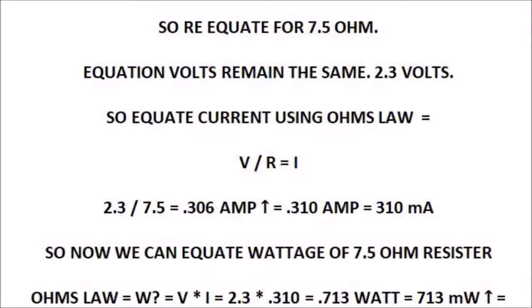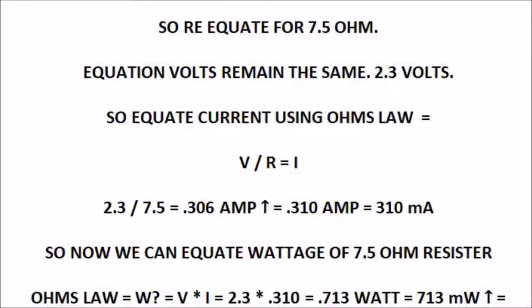Now we're going to round the amps up because it's a 6. So the 0 becomes a 1 and the 6 becomes a 0. So that's why we have 0.310 amps, which is 310 milliamps. So now we can equate the wattage of the 7.5 ohm resistor using Ohm's law again.